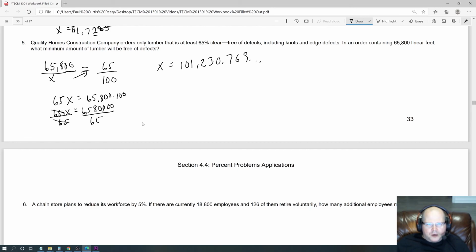Now we're going to round up on the linear feet here. We look to the right of the 0, we have a 7, so that 0 is going to turn into a 1. So we would say that's approximately 101,231 linear feet.